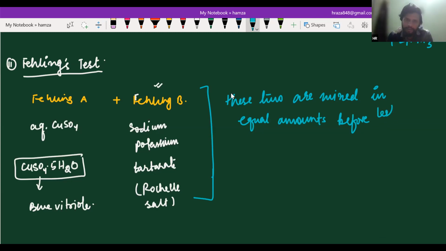Now I want you to answer me. Can you tell me what is the oxidation state of copper in CuSO4?